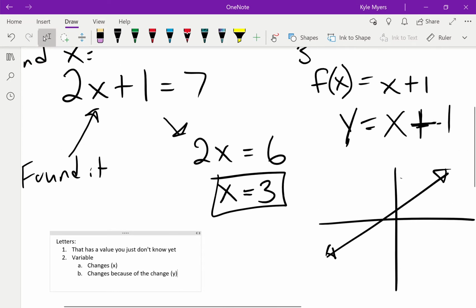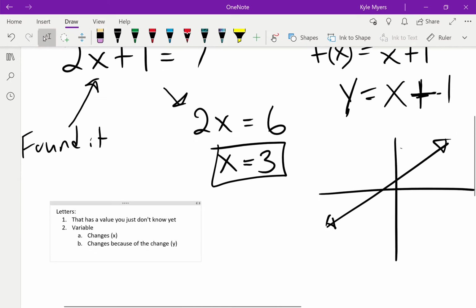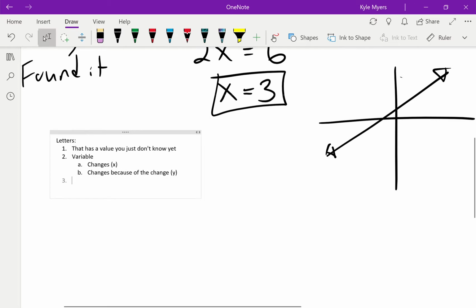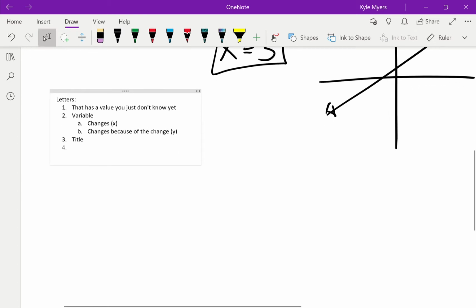Now, when I graph them, then I actually put a limit to it, and that's the next kind of letter that I want to talk about here, a letter that represents something. It's a title, right? And this is kind of the last sort of letter there is, generally speaking, to not get too complex here.